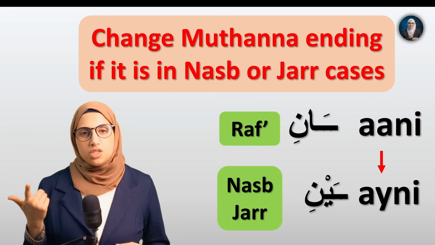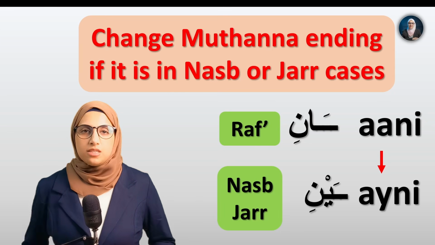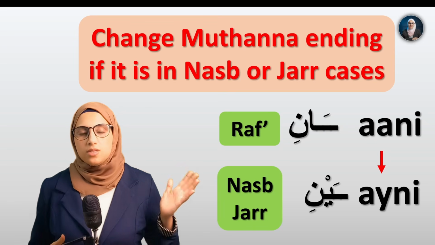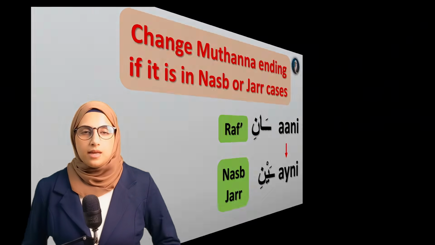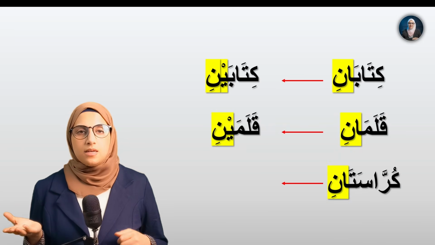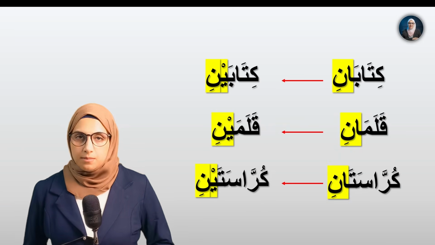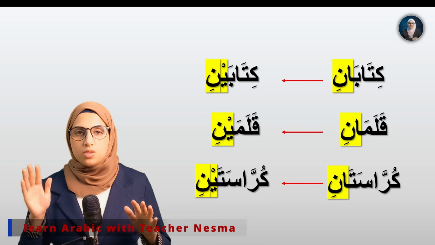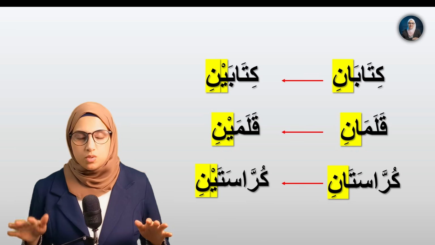In the نصب and the جر case, we change the ألف نون into ياء نون in the مثنى case. So you can find that كتابان can come like كتابين. قلمان قلمين. كراستان كراستين. And the meaning is still the same. 2 books or 2 notebooks or 2 pens.